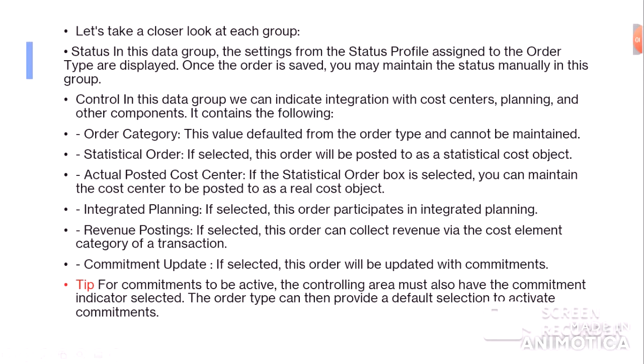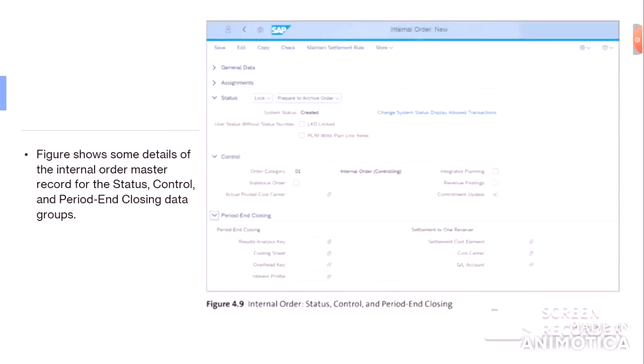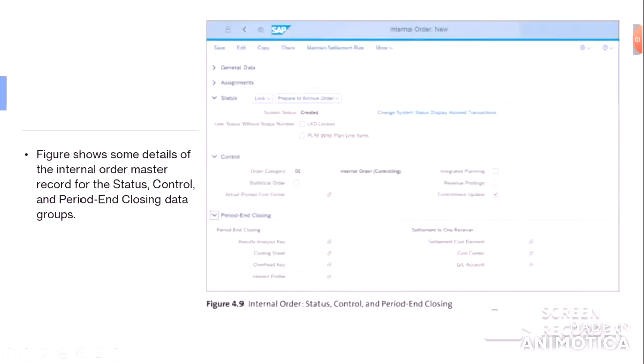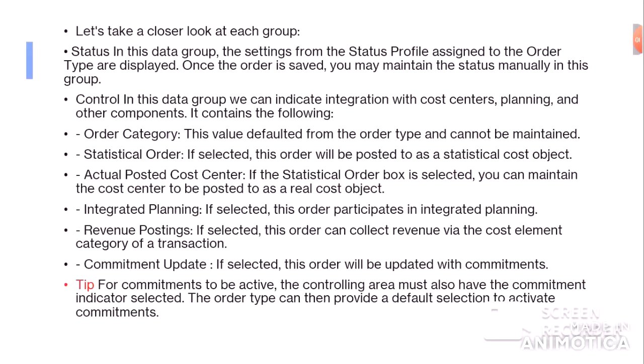Let us see where that field is. Okay, this one, statistical order in the control tab. And actual posted cost center. If the statistical order box is selected, you can maintain the cost center to be posted to as a real cost object. So integrated planning.